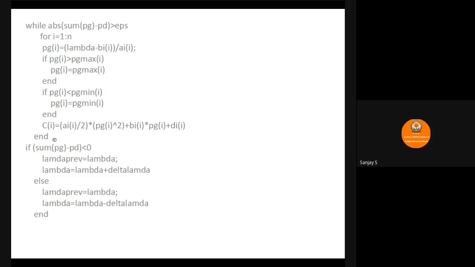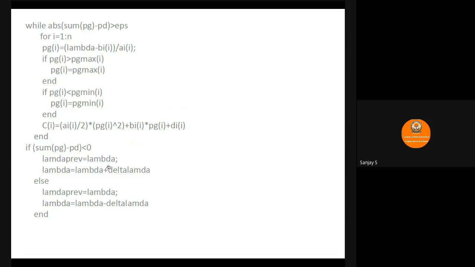And then the other possibility is if sum of Pg minus Pd is less than 0, that means if it is a negative value, then lambda previous is equal to lambda, and lambda is equal to lambda plus delta lambda. That means if your power balance condition is not satisfied, you have to go to the next iteration. You have to execute the iteration by updating the value of lambda, and that value of lambda will be previous lambda plus this delta lambda.